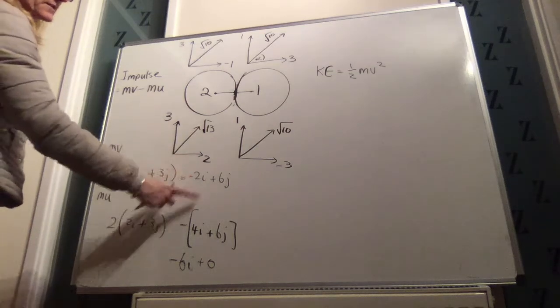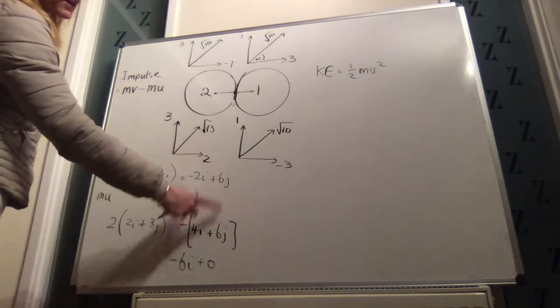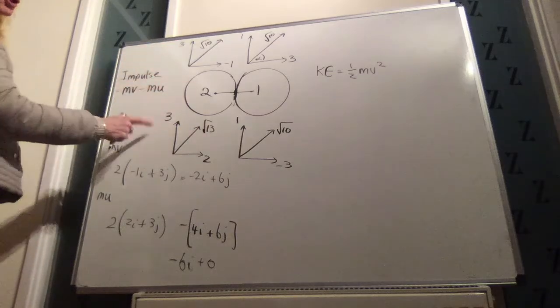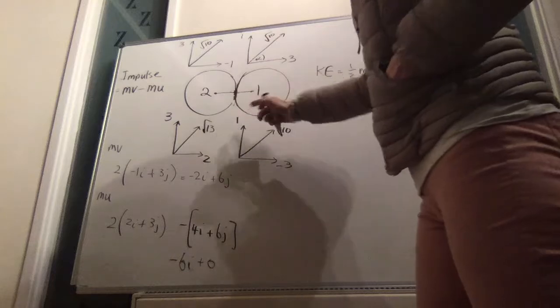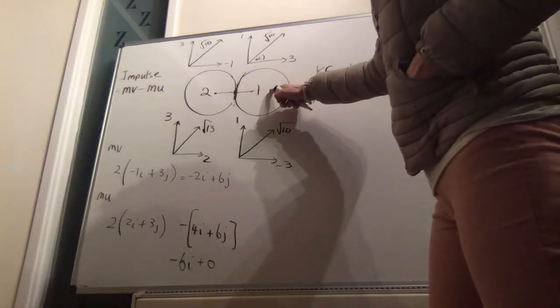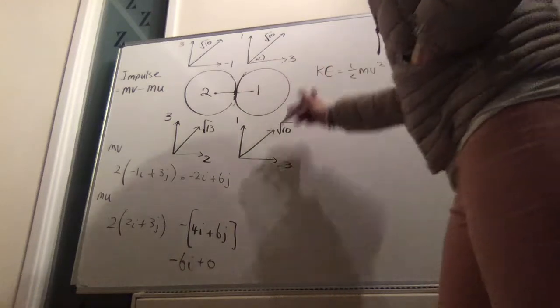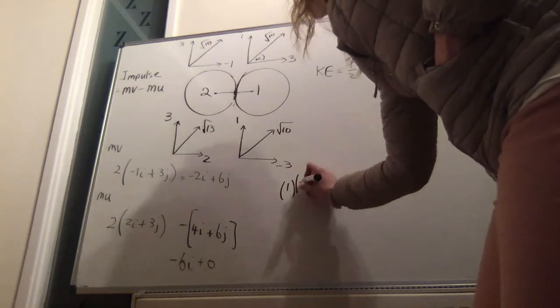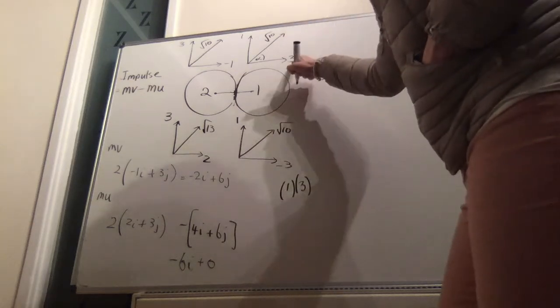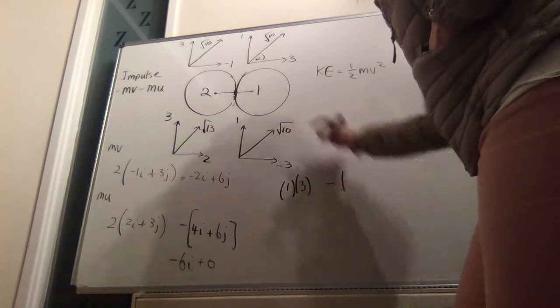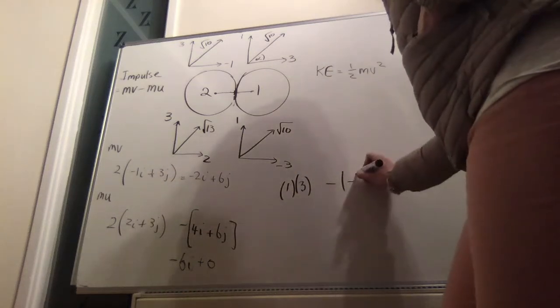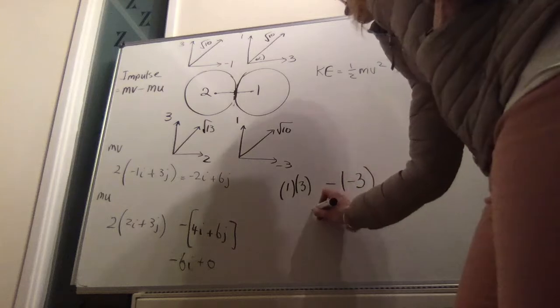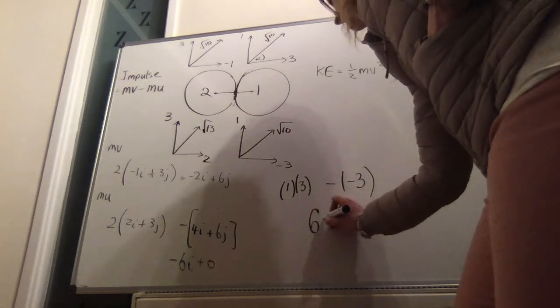We know already that the j bits are going to cancel out because they haven't changed. So we won't bother looking at the j bits. If we just look at where the change in momentum occurs, it's mass times velocity, which is 1 times 3, that's mv, take away mu, which is take away minus 3. So that is 3 plus 3, which is 6.